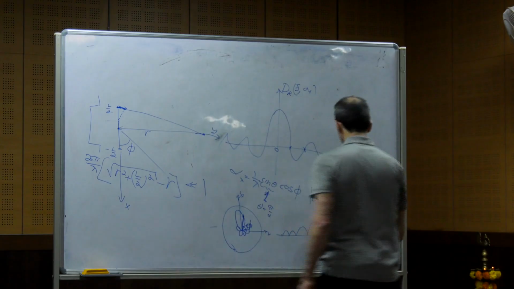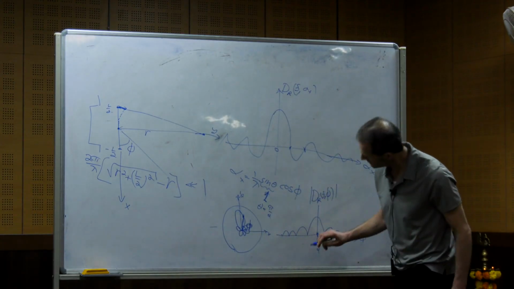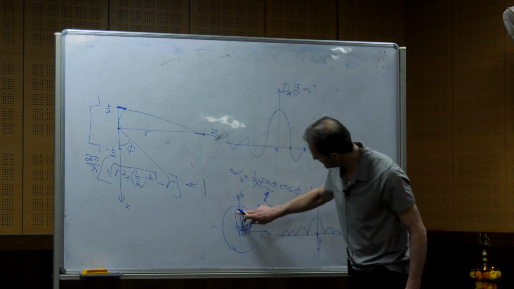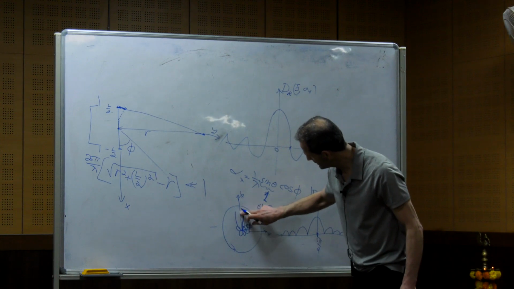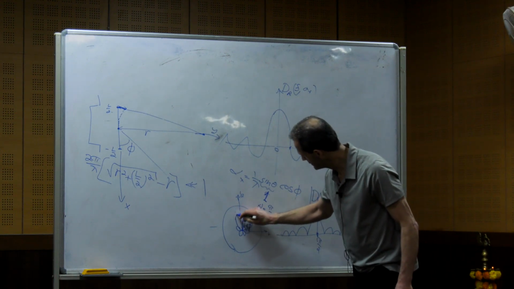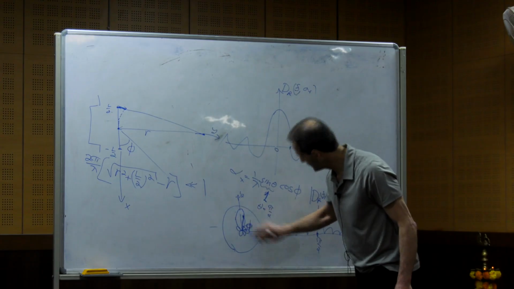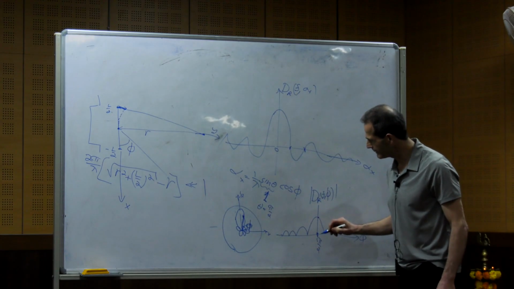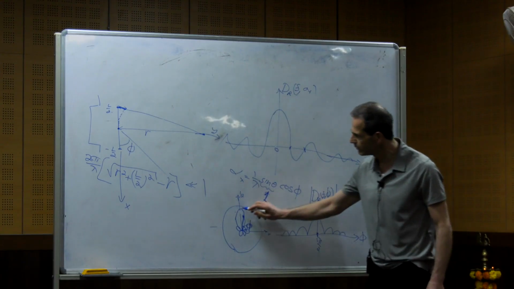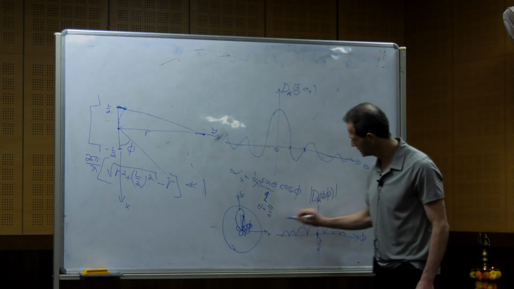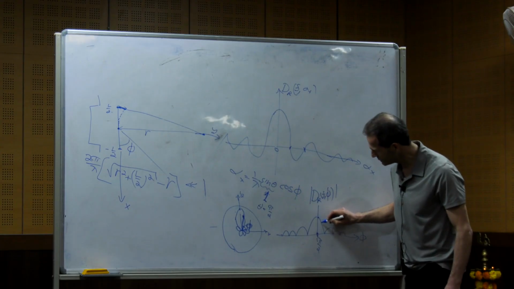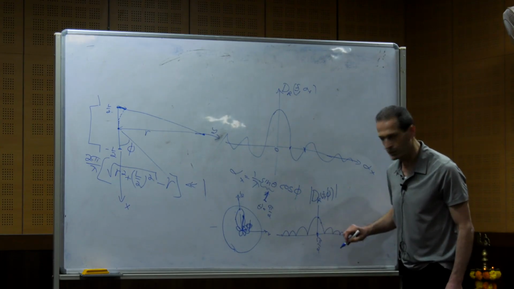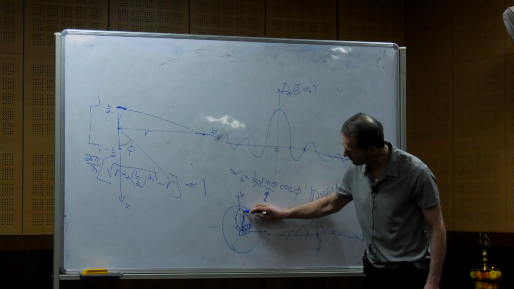So for pi over 2, we get the maximum directivity, the maximum response. So this is the maximum response. When I move to a different direction, it becomes smaller.